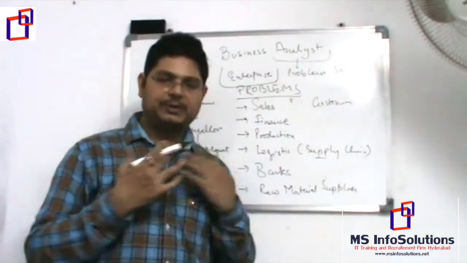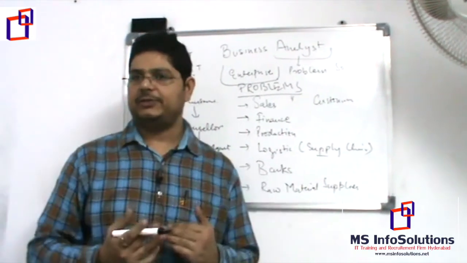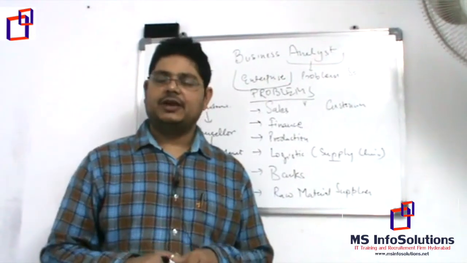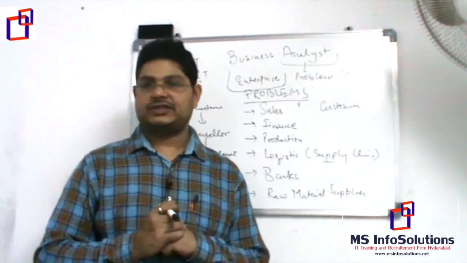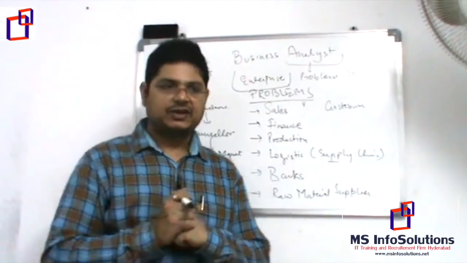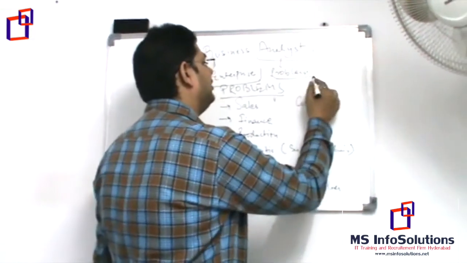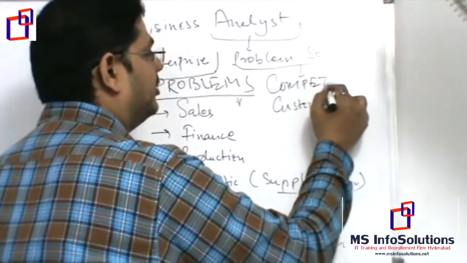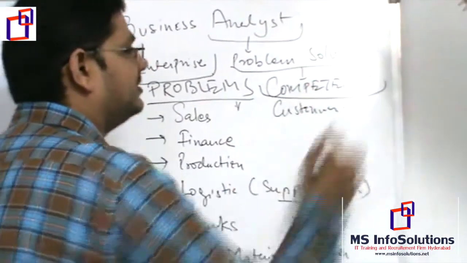If we don't stay competent, our competitor will take benefit of it and can overcome us, and we can lose the business, which can be very drastic. That's why they need people who can solve their problems and make them competent, so the business owner can run their business in a proper manner.